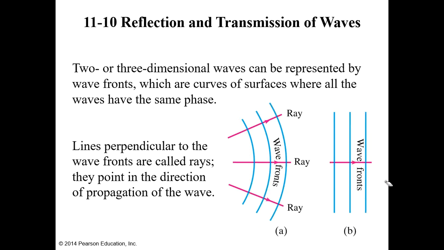But sometimes, like when we talk about optics in chapter 23, it's also useful to depict the direction that the wave is going. And so we draw these vectors that are perpendicular to the wavefront, showing the direction that they are moving. Notice that these wave rays are always perpendicular to the wavefronts themselves.